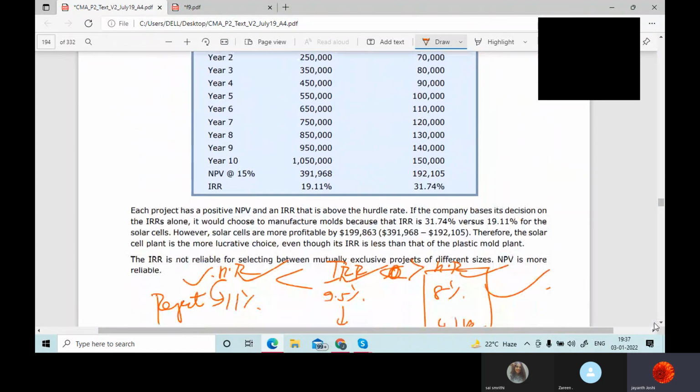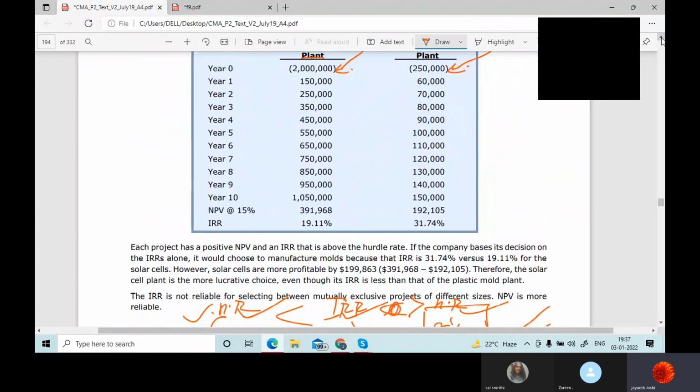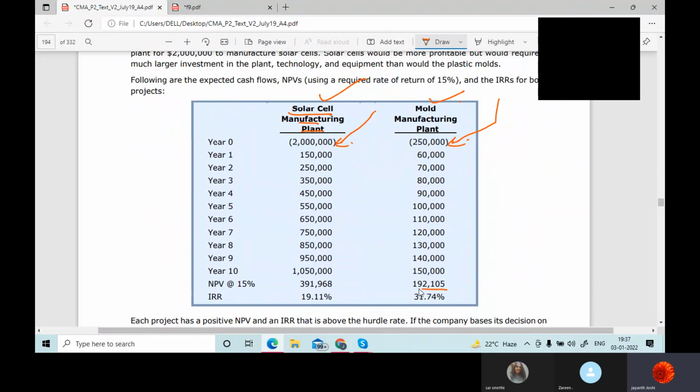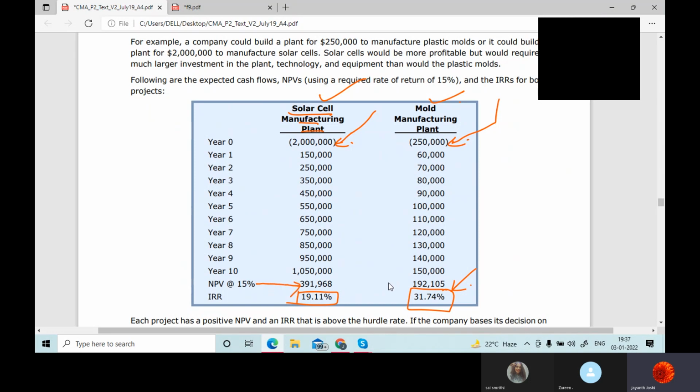When IRR was calculated for these two projects, one gives a higher IRR: here it is 31.74 and here the IRR is 19.11. But when we look at the projects' NPV, here the NPV is 3,91,968 and here the NPV is 1,92,105.